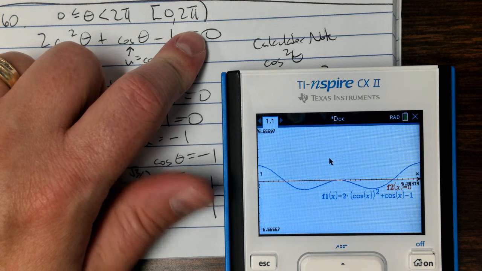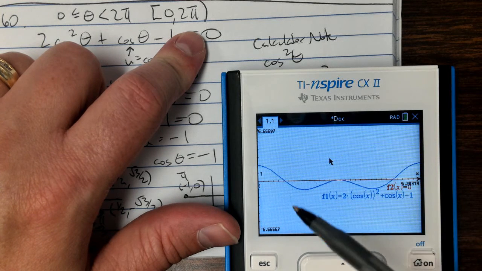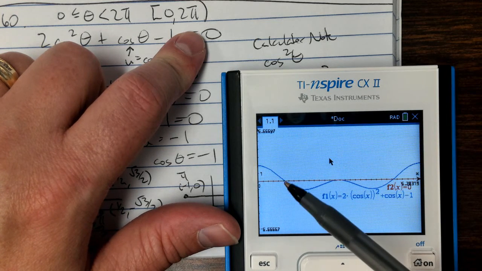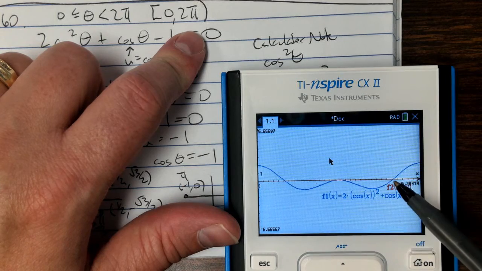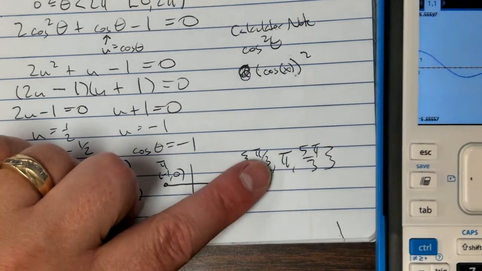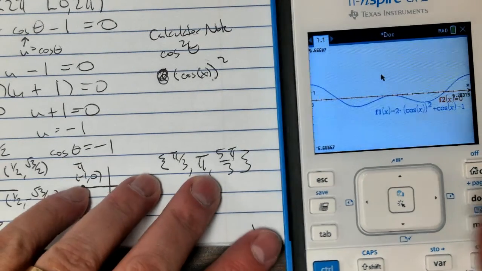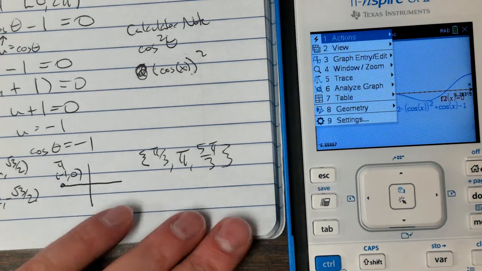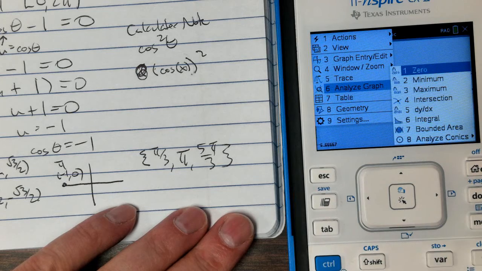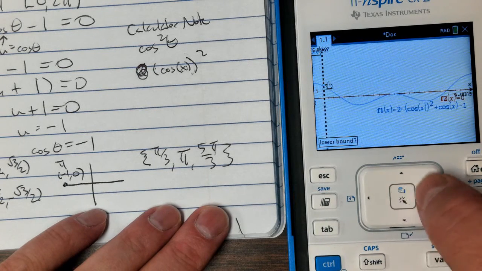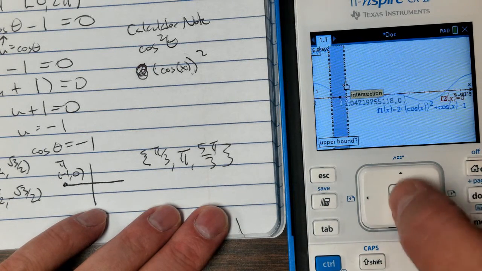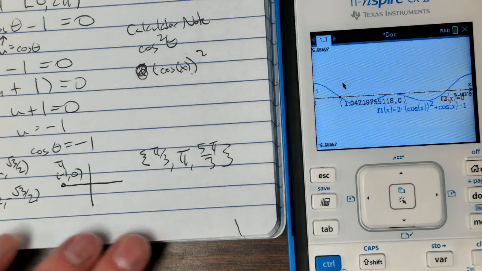And so anywhere there was an x-intercept, like 1, 2, 3 answers there, those are going to match up with these 3 answers. So again, if you wanted to, you could go to Analyze, then Intersection, from here to here. That's your 1.047.